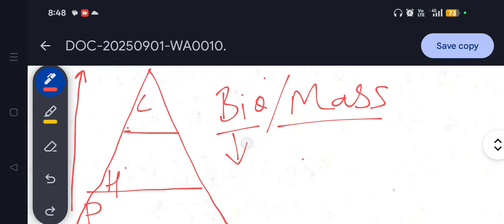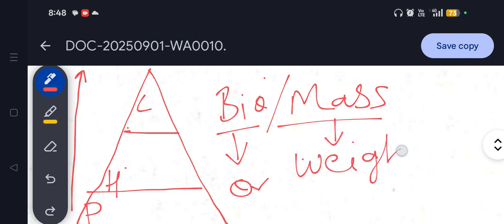Bio means all the factors which are organic, right? All the animals who are living beings, all the plants that have life, right? So bio basically means the nature, which is the organic aspect, and mass basically means the weight, right?